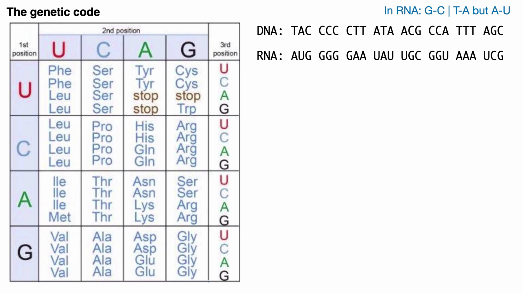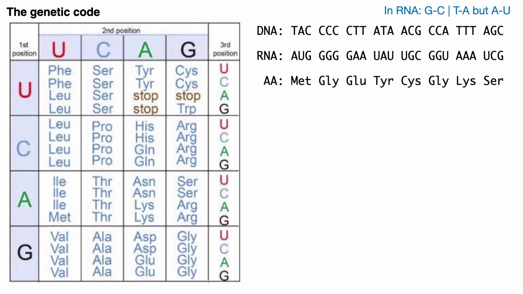Now, this is one of the things I think is really fascinating: all living things use this same code over on the left to translate the RNA sequence into a sequence of amino acids.